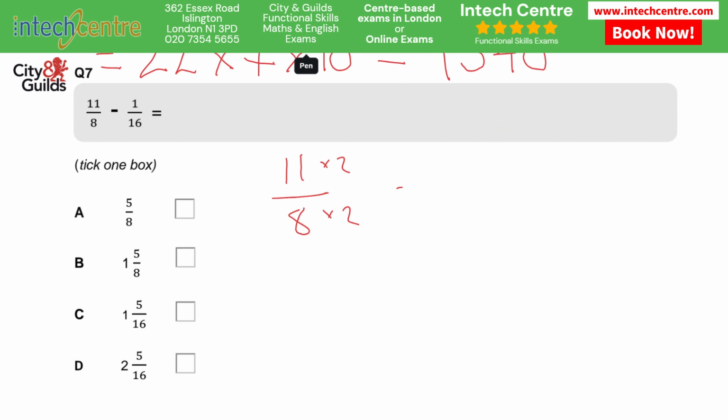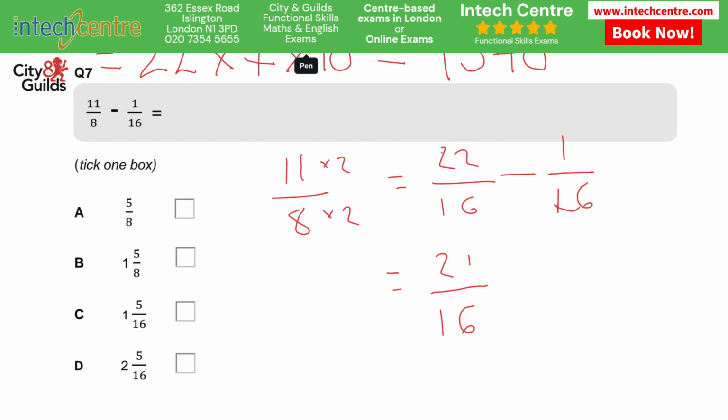This gives us 22 over 16. Now the question is asking us what is 11 over 8, or 22 over 16, minus 1 over 16. I do apologize. We are now left with 21 over 16.